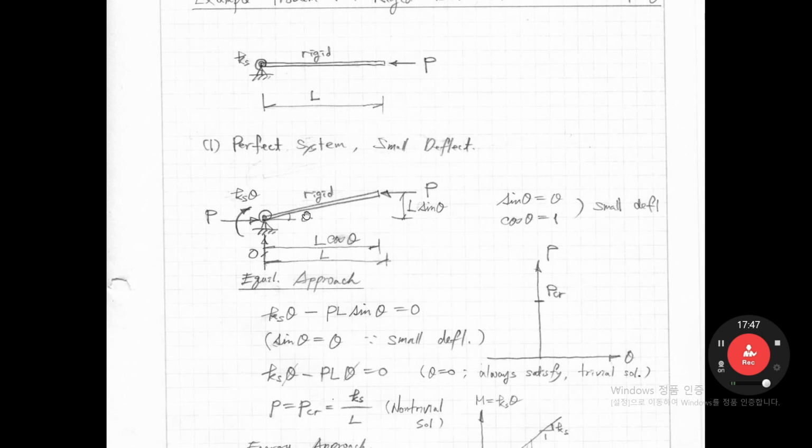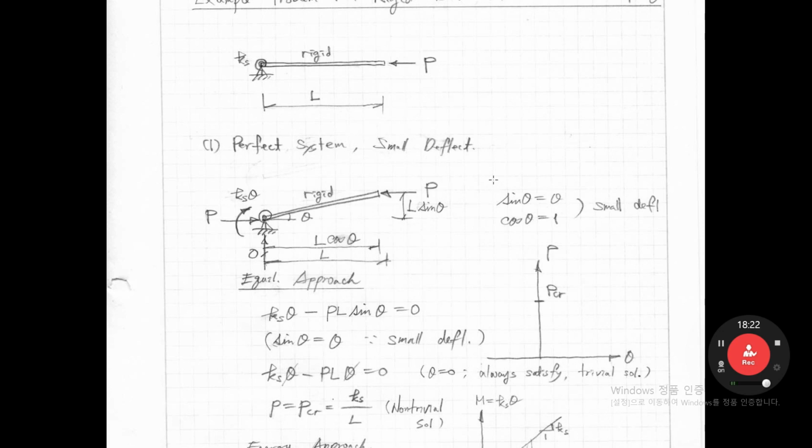If it rotates with theta, then this length is L cosine theta, right? This vertical displacement is L sine theta. Okay, and then this rotational spring is Ks and theta. Ks times rotational angle, then this is moment, right?